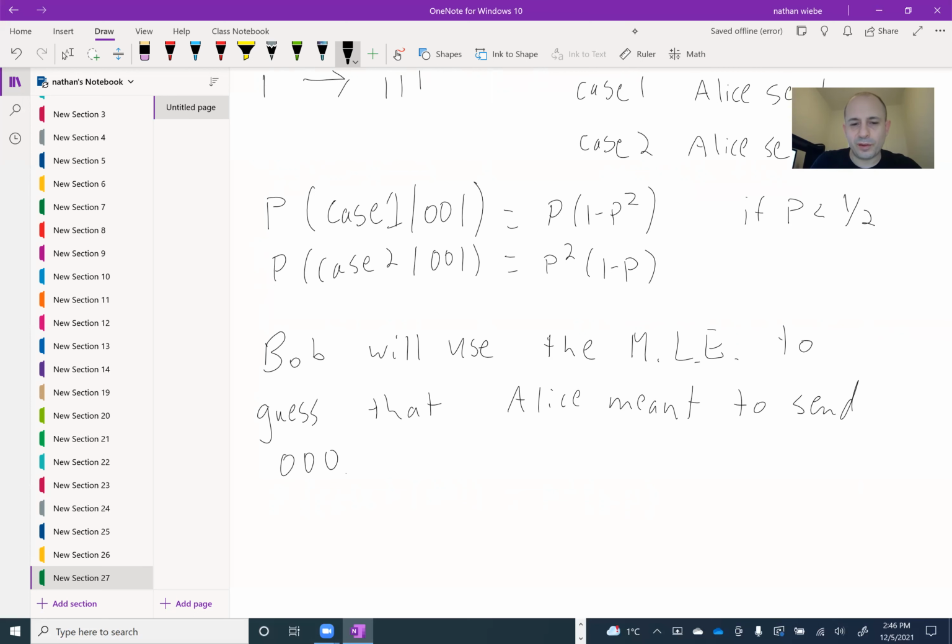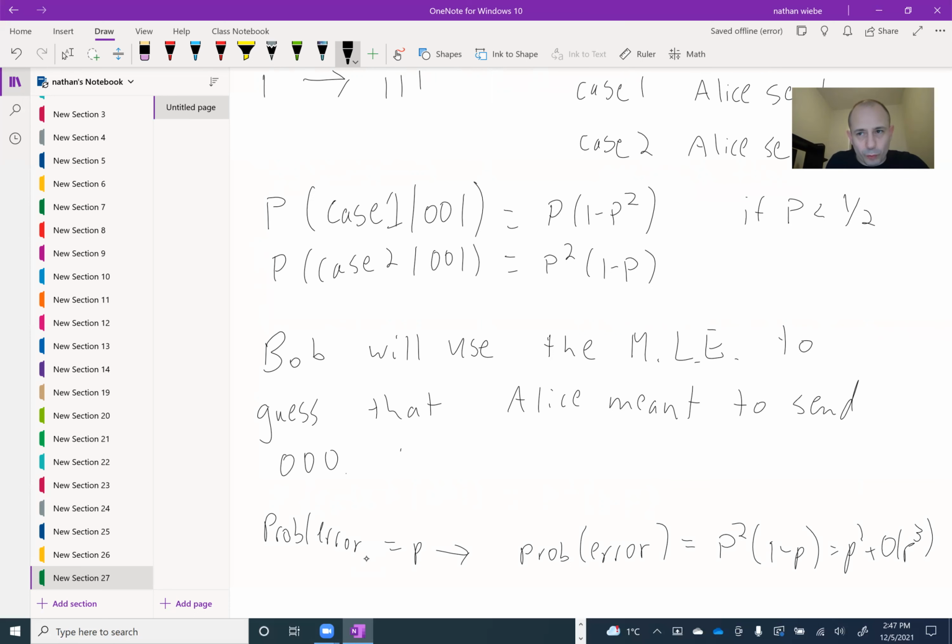And so what this ends up meaning is that the probability of an error that we end up getting goes from prob error equals p to prob error equals p squared (1 minus p), which is just equal to p squared plus order p cubed. So this essentially quadratically reduces the probability of Bob observing an error.